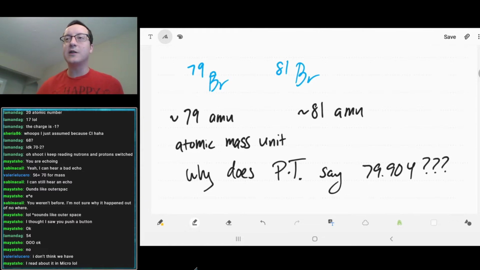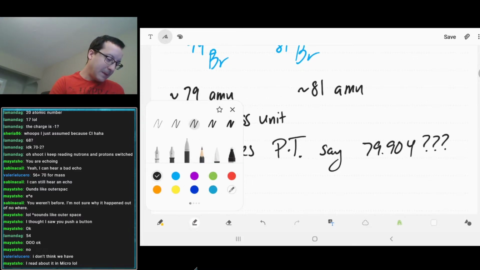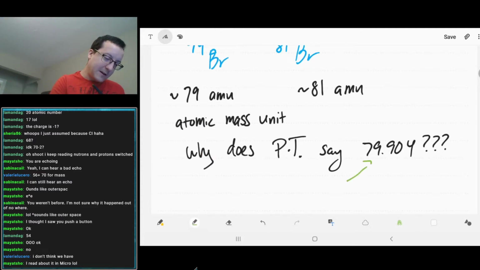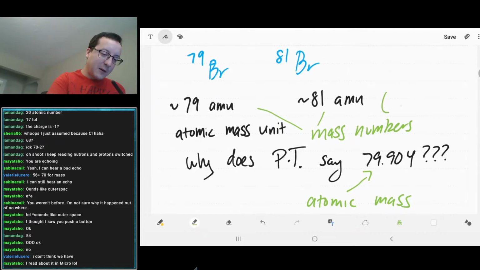And so it turns out that this number here is what's called an atomic mass, whereas these were mass numbers, which are roughly what are called isotope masses.